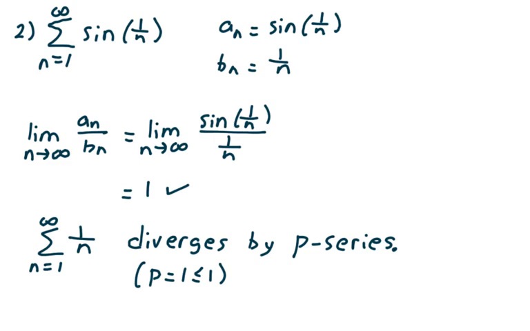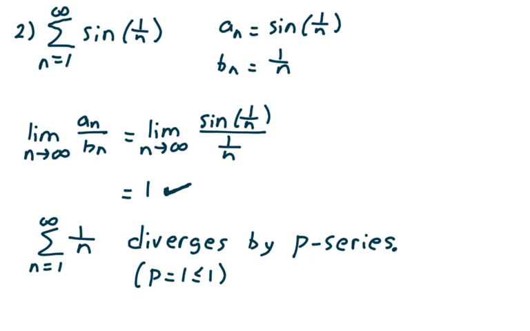Now, my a sub n is sine of 1 over n. My b sub n is 1 over n. If I look at the limit as n goes to infinity of a sub n over b sub n, that's going to equal the limit as n goes to infinity of sine of 1 over n divided by 1 over n. And I claim you're going to get 1. And this is where you would want to ask your instructor if your instructor wants you to verify that that's 1.